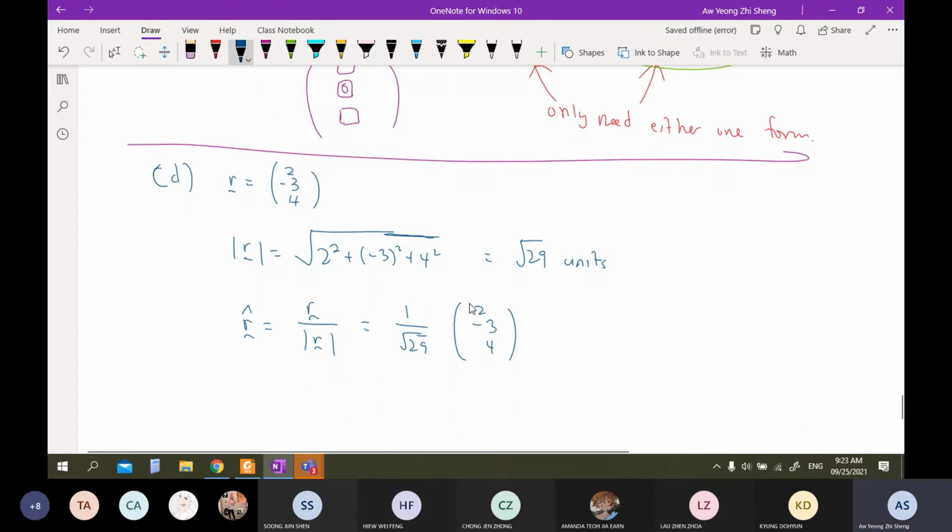So whether or not you distribute your division by root 29 into the bracket is actually optional here. These two forms are regarded as equally simplified.